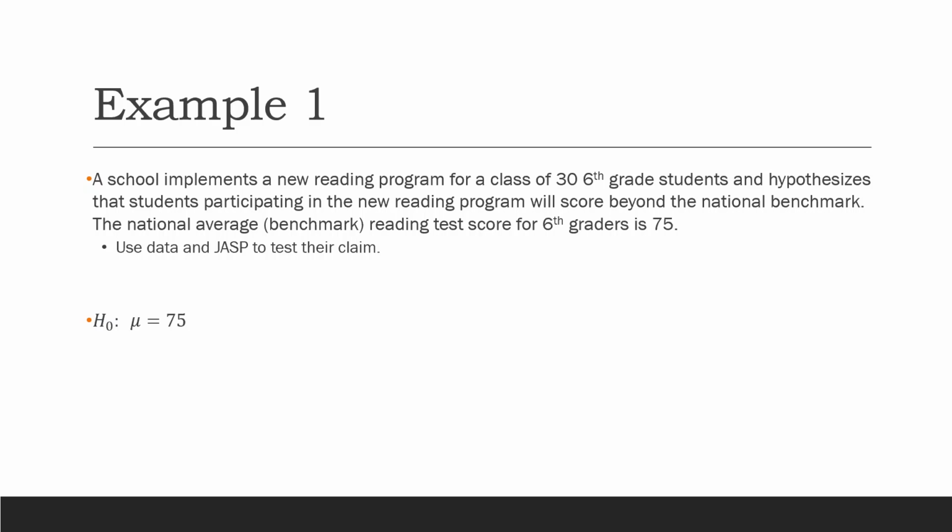I know I'm in the one sample case here, and my null hypothesis is usually something of equality, and that's going to be that my population mean reading score for children in the reading program is 75. And my alternative hypothesis is that the population mean test score for children in that reading program is going to be greater than 75. And I'm using the sample of sixth graders and whatever their mean and so on would be to help me with my hypothesis test.